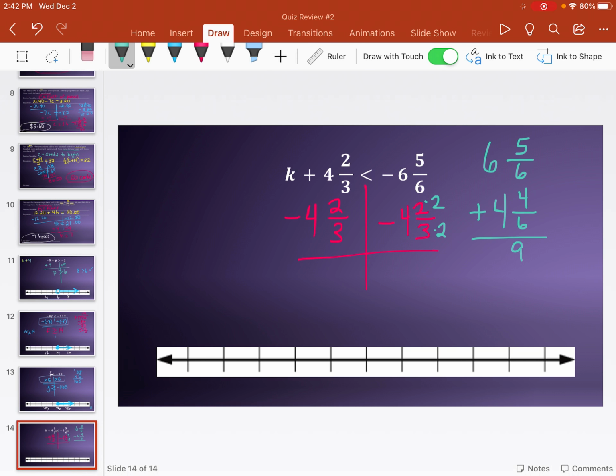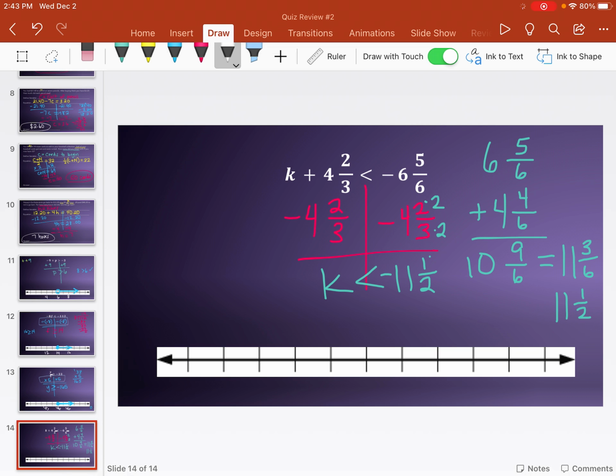When I add those, I get 10 9/6, which I need to simplify. So 9/6 is the same as 1 3/6, so I'm going to add that. So I got 11 3/6. And then let's go ahead and simplify that again, 11 1/2. So I have k is less than 11 1/2, but it was negative. They're both negative, so it's negative 11 and 1/2.